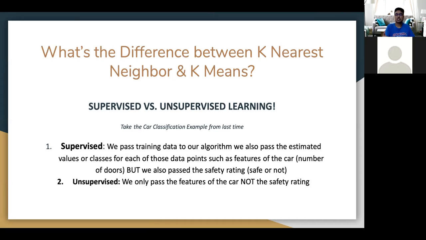So think of it like this, essentially, that in a supervised machine learning algorithm, we are telling the computer how we want our data points to be clustered. However, in an unsupervised algorithm, we are not telling the computer how we want them clustered. So for all we know, the computer could come up with its own way and classify them based on something else. It couldn't even be safe or not safe. It could be a whole new category based on how the computer classifies our data points.